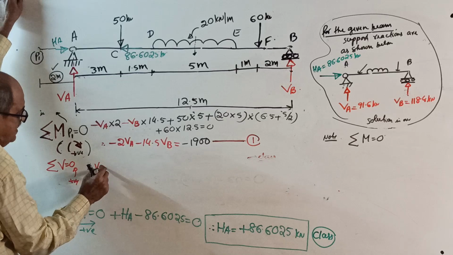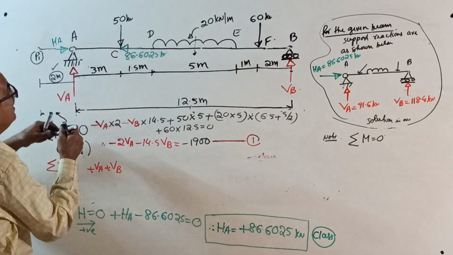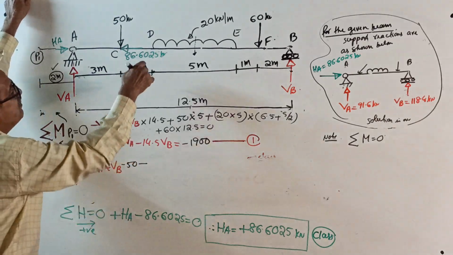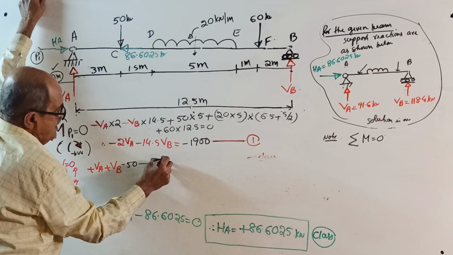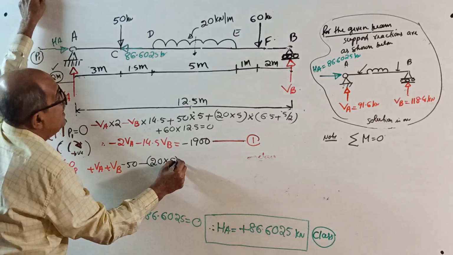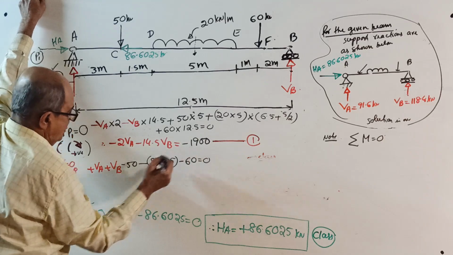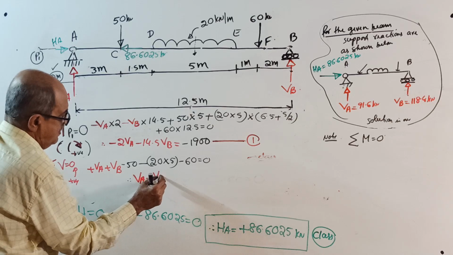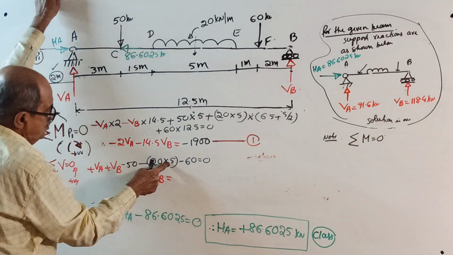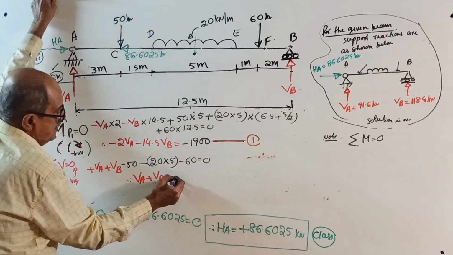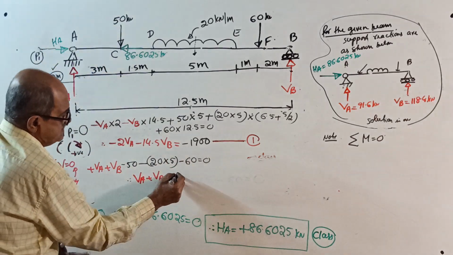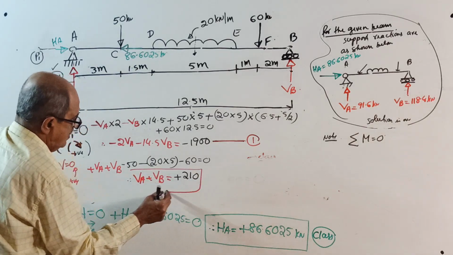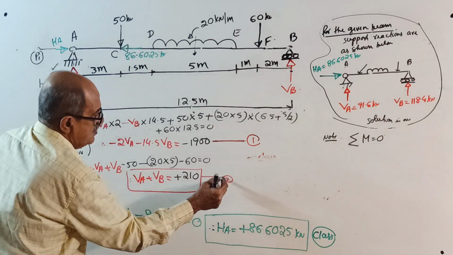Plus VA plus VB minus 50, it is same as last time, minus 20 into 5 is the total UDL, minus 60 equal to 0. Therefore you will get VA plus VB equal to 100, 150, 200, 210. Take minus that side, plus 210. This you call equation number 2.